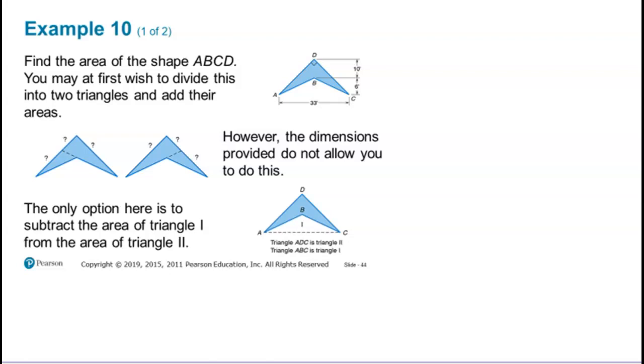Now, sometimes, as much as you want to try to add a couple different geometrical figures together to get the answer that you want for an area, you just can't do it because they don't give you the information.